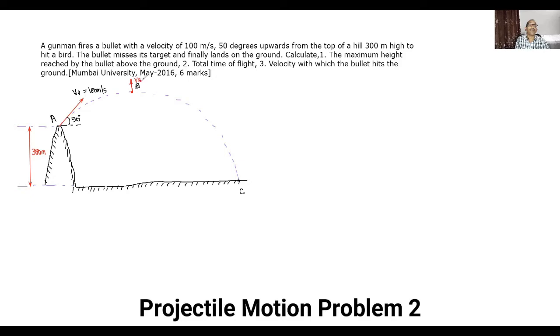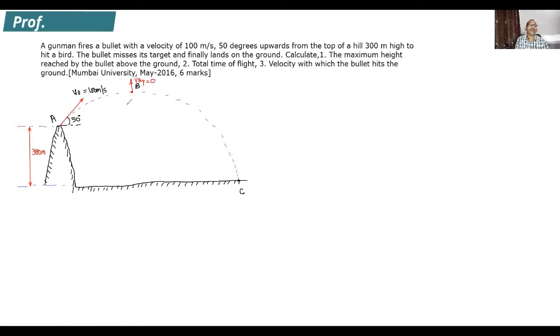It gradually decreases, and where it becomes 0, at that point you will get the maximum height. But the maximum height we get is always from the point of projection. That means when we use our equations of motion, the y we get is always with respect to the point of projection. So this height we get is h maximum.